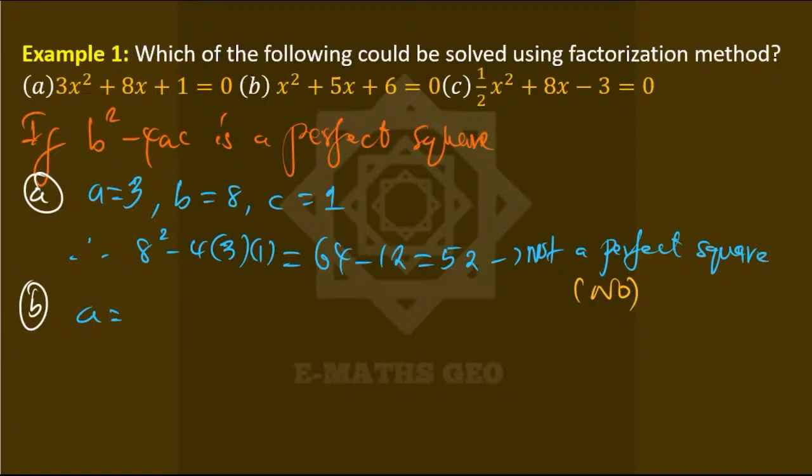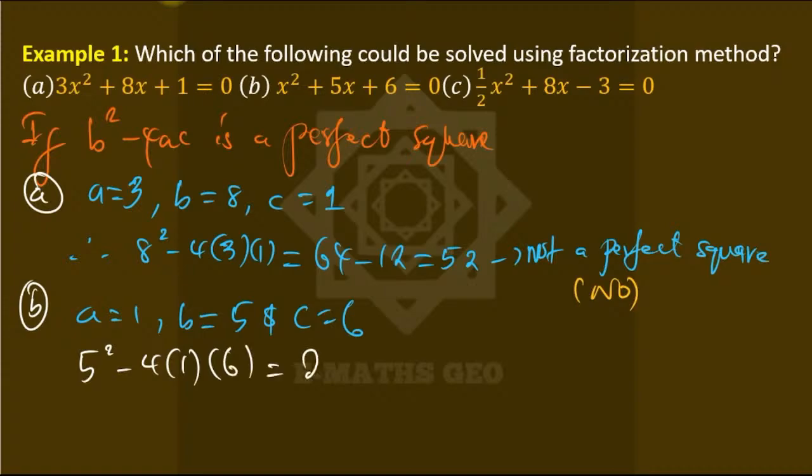What is a? a is 1, b is 5, and c is 6. So let's check. b squared is 5 squared minus 4 times 1 times 6. So what do you observe? This is 25 minus 24, and it's 1.